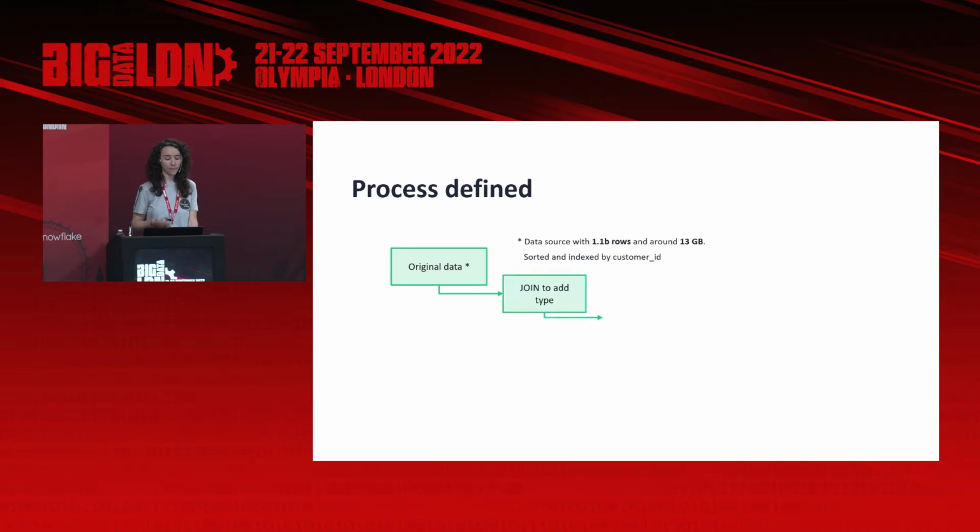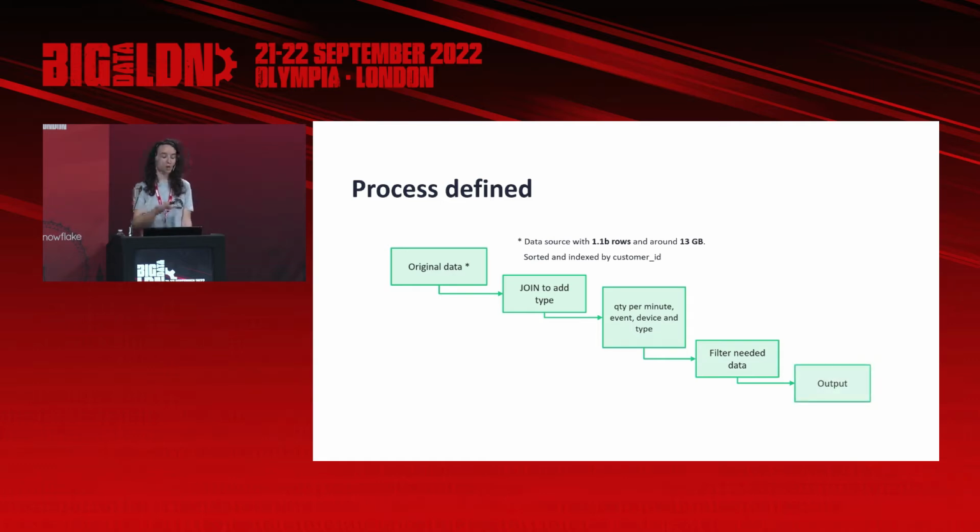After that, we can perform the join to add the type, meaning ID 1 is clothes, ID 2 is whatever. Then we can calculate the quantity of products per minute, event, device, and type. Then we can filter, for instance, the information in the last 3 hours until we get the output, which is this dashboard we have seen.